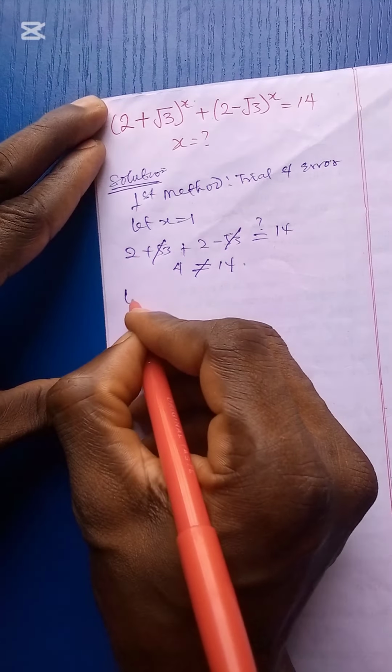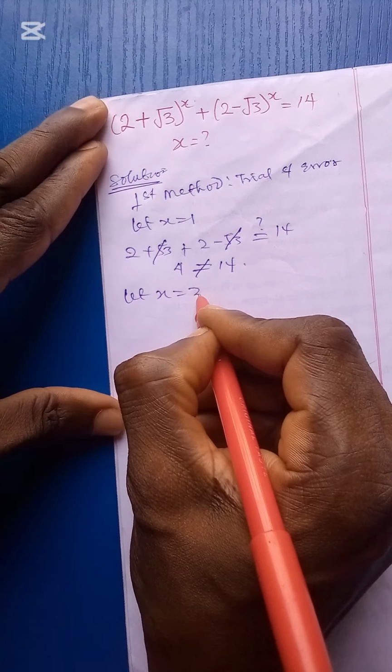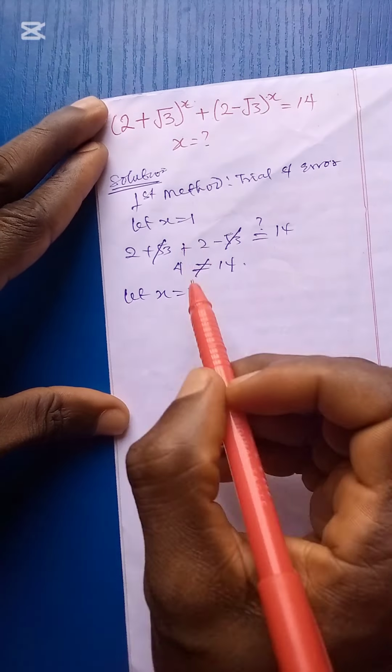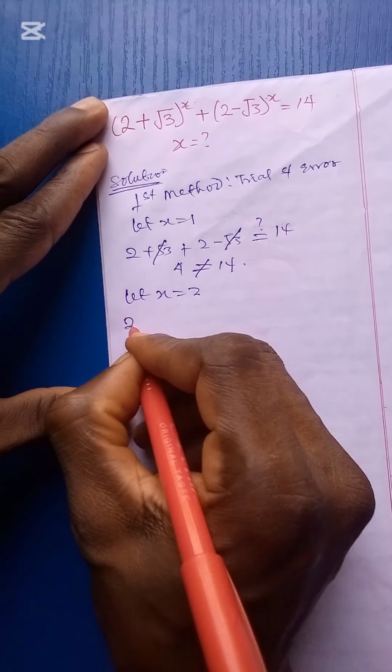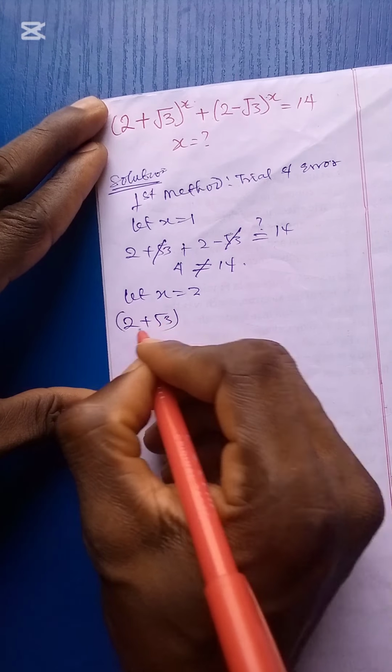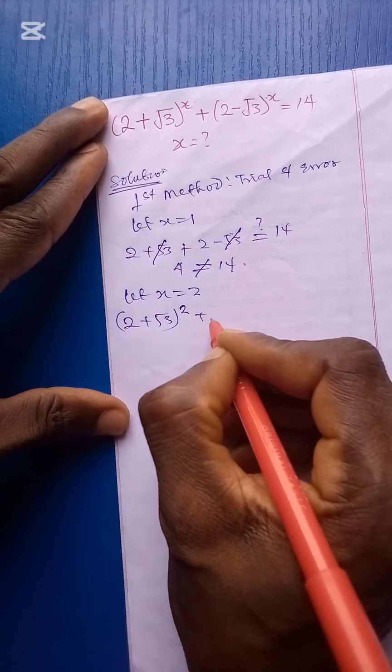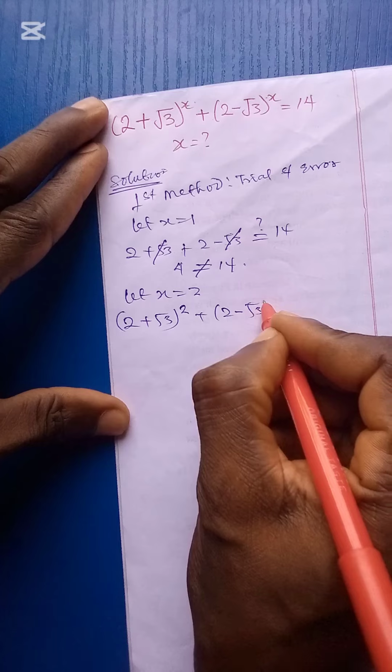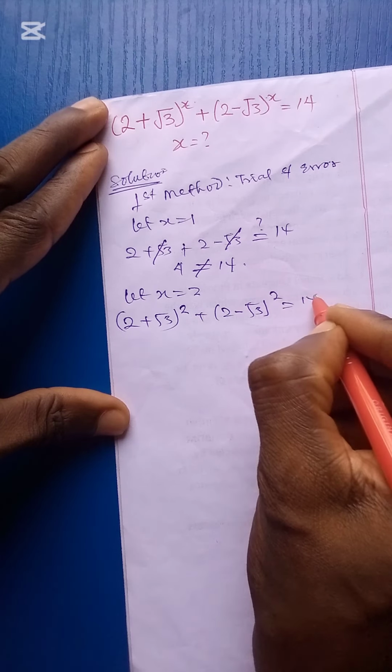I'm also going to let x equal 2 and then substitute where I have x in the original question. That becomes (2 + √3)^2 + (2 − √3)^2 is equal to 14.